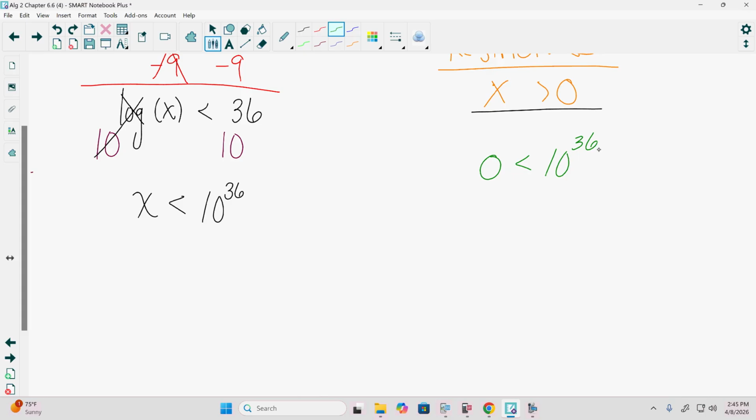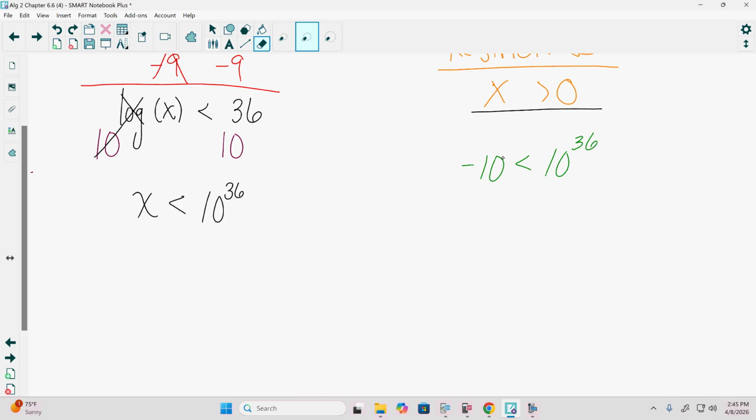Now, we don't have to use 0. I could use negative 10, because negative 10 is not greater than 0. It is a part of the restrictions. Is negative 10 less than 10 to the 36th? Yes. So that means those restriction values are a part of our solution.